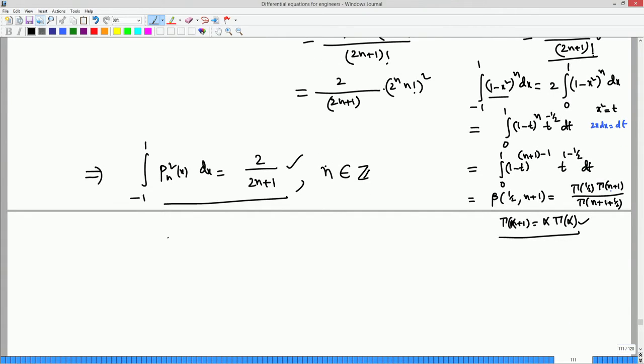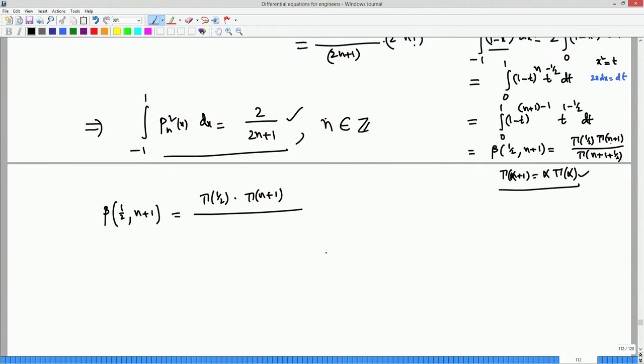So, what you need is this beta function at half, n plus 1, which is gamma half into gamma n plus 1, divided by gamma of n plus 1 plus half. Here n is a natural number. So, this is equal to root pi, since gamma half is root pi, and n factorial divided by this.